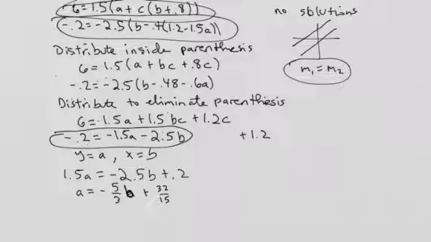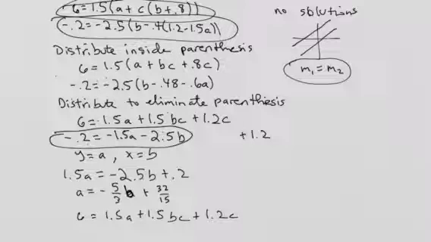If I look at the first equation, this one up here, and I simplify that, that gets me down to this here, where I get 6 equals 1.5a plus 1.5BC plus 1.2C.